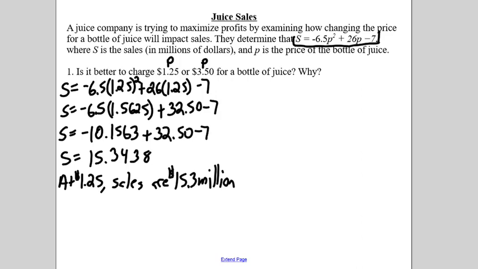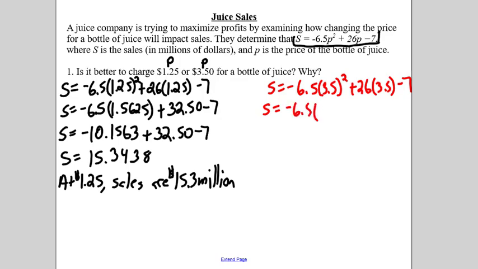Let's check the other value at 3.50. So if I'm at 3.50, I've got negative 6.5 times 3.50 squared plus 26 times 3.50 minus 7. When I do this, again, remember to square first. I got negative 6.5 times 12.25 plus 91 minus 7. And again, I got to do my multiplication here.